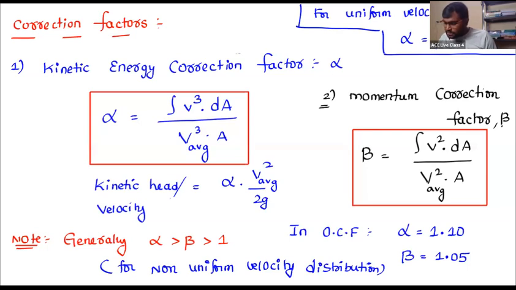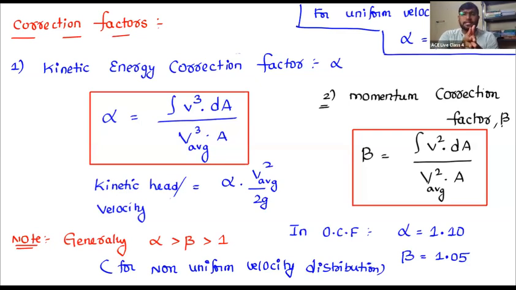Alpha and beta cannot be 0. Okay, fine. So that's about these correction factors.